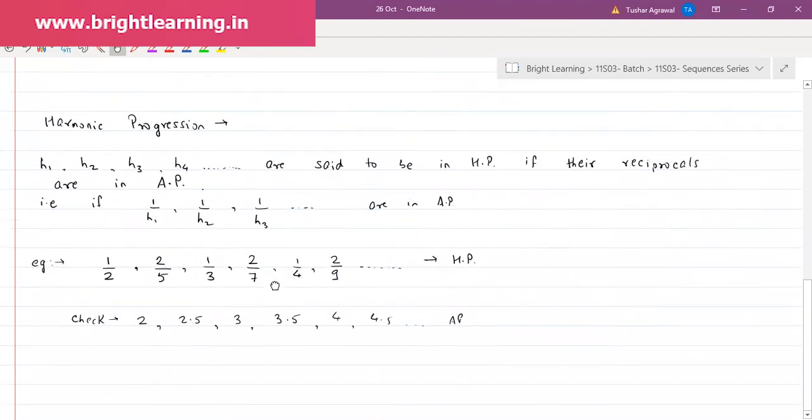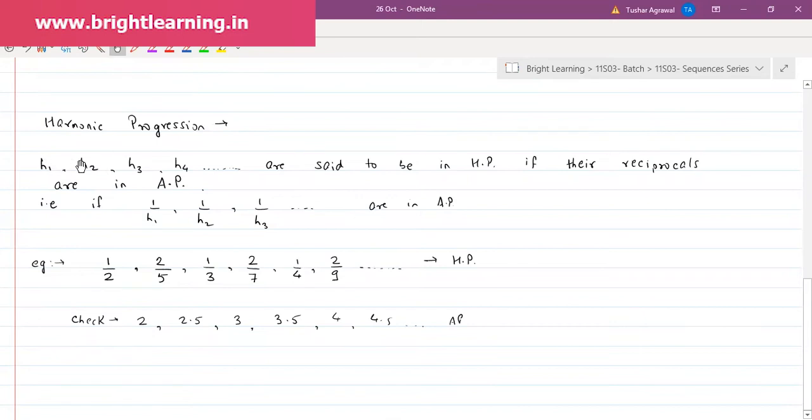Harmonic mean: let's say H1, H2, H3 is a harmonic progression of three terms. Then the middle term will be the harmonic mean of the first and third terms. As such, there are no simple formulas for harmonic progression. For AP and GP, the formulas were very simple, so we derived them.